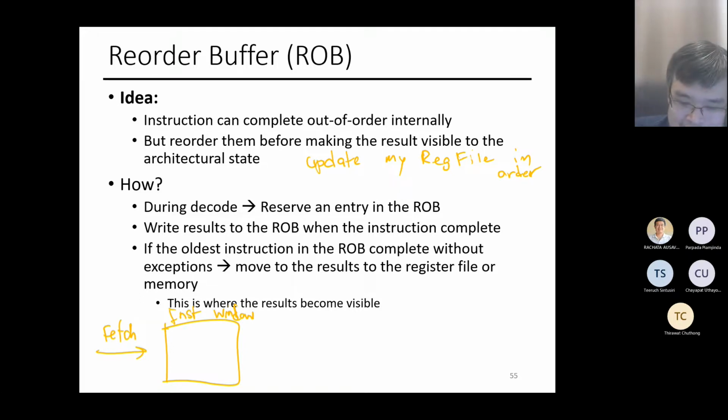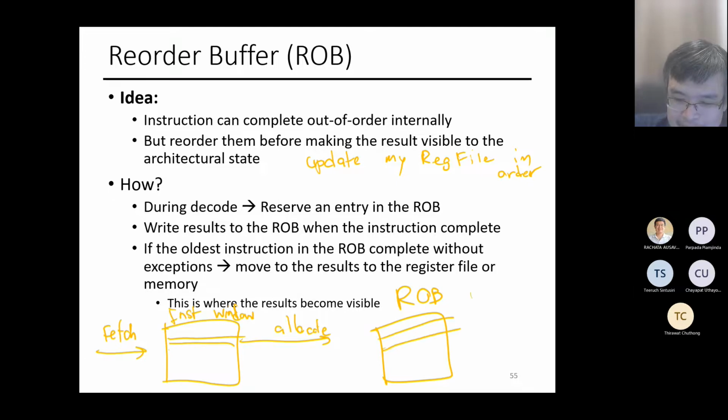So when you fetch a new item in here, you then allocate an entry in this reorder buffer, in the same order as you fetch. So it's going to be the same order in the reorder buffer.